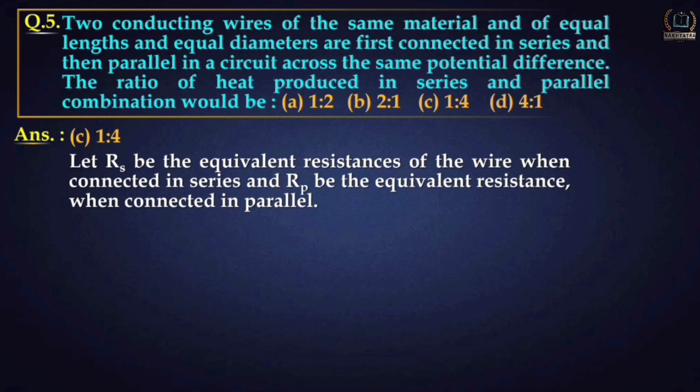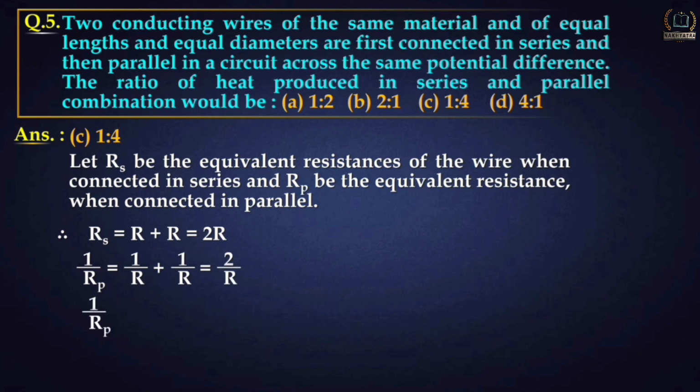Let us consider RS to be the equivalent resistance of the wires when connected in series, and RP the equivalent resistance when connected in parallel. Therefore RS equal to R plus R equal to 2R, and 1 by RP equal to 1 by R plus 1 by R equal to 2 by R, so RP equal to R by 2.